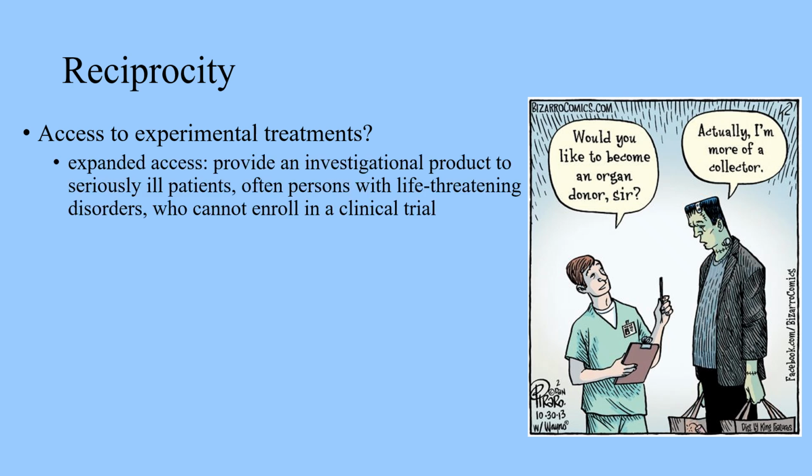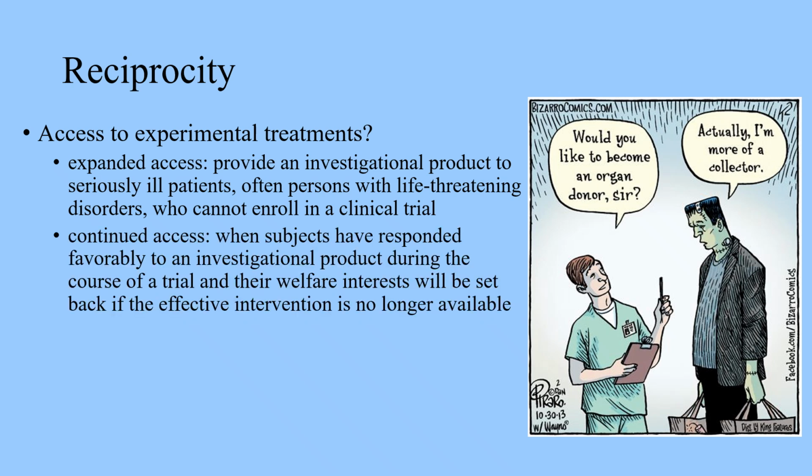So expanded access is when patients are seriously ill, and there is no other treatment offered to them. There's nothing that they can do, and they can't enroll in the clinical trial. Maybe they are provided with this experimental treatment because they have no other option. So that would be a case of expanded access.